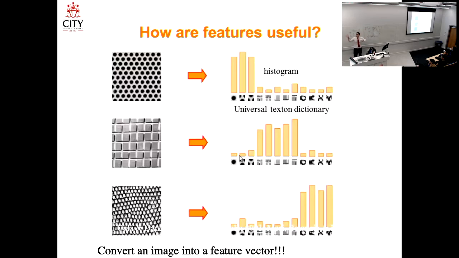So I'm converting those numbers that the cat face had into a bunch of orientations, into a bunch of similarities with this dictionary of features. And I'm converting my image into a feature vector.